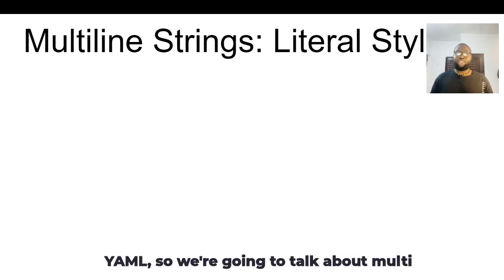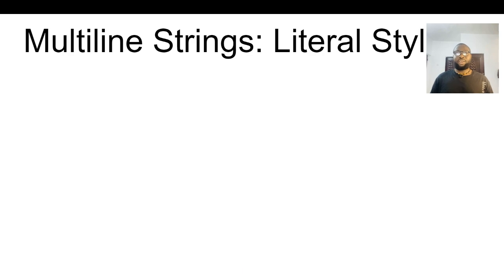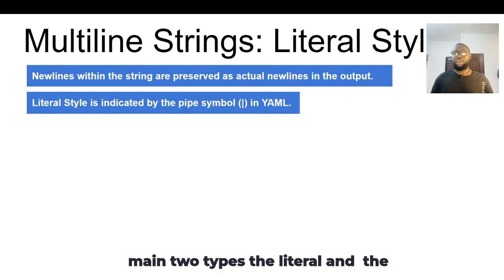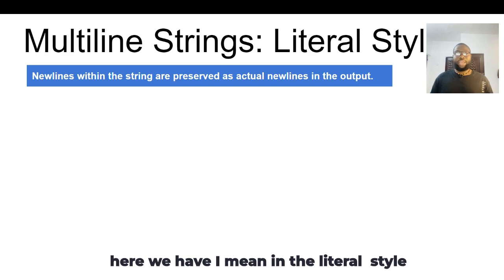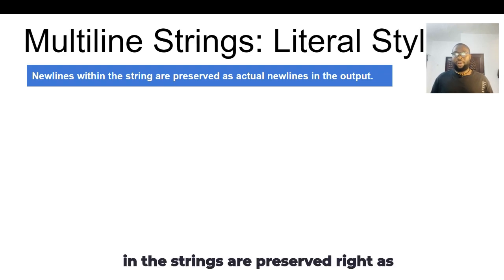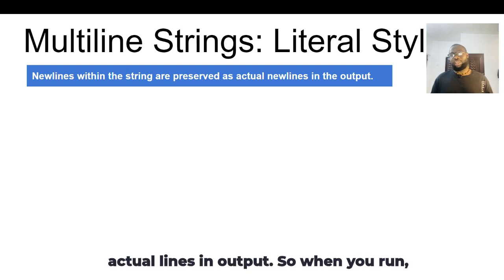So all this while we've been talking about single-line strings. Now we're going to talk about multi-line strings. We have two main types: the literal and the folded, right? In the literal style, newlines within the strings are preserved as actual lines in the output.